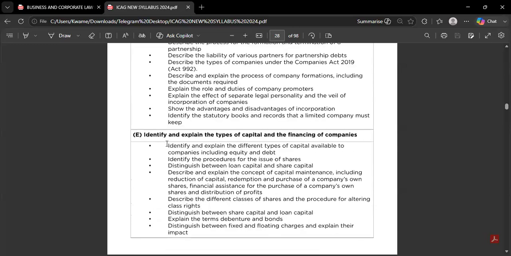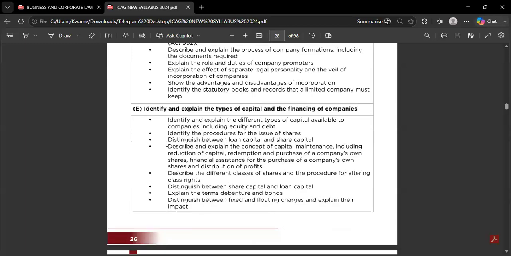Like I earlier mentioned, the main focus, the one that has a lot of issues, has to do with the company. Because when it comes to company, we have the certificate of incorporation. Before you get that certificate of incorporation, there are various processes that you should go through.